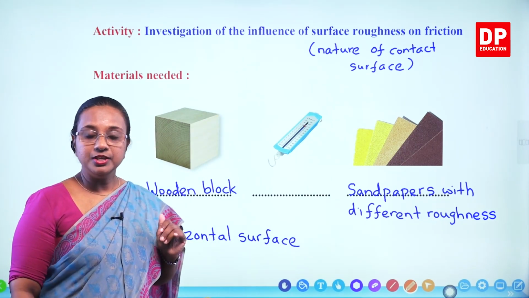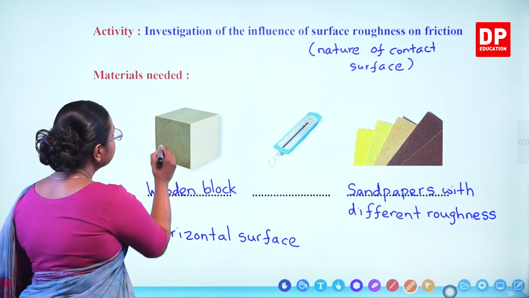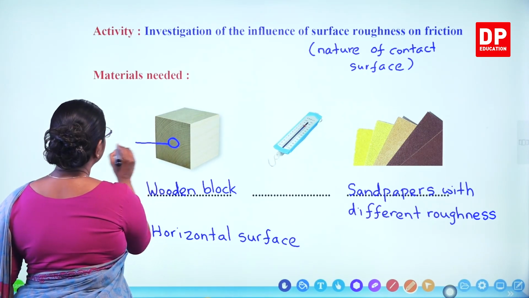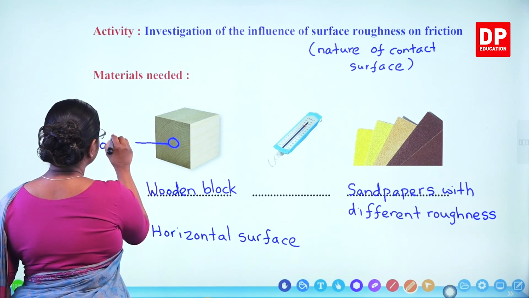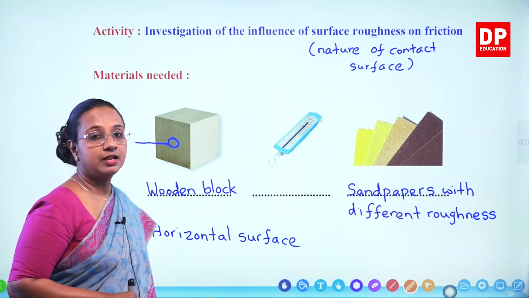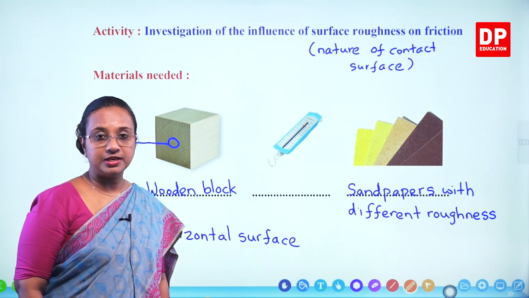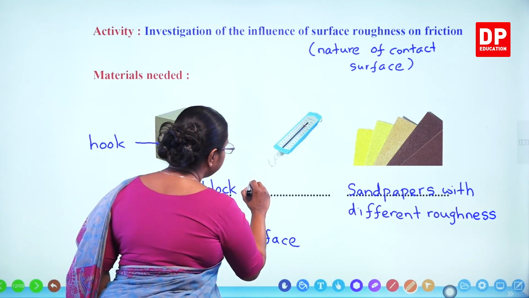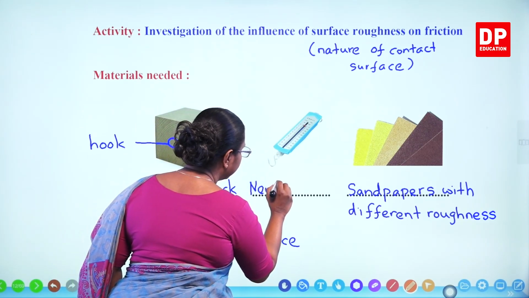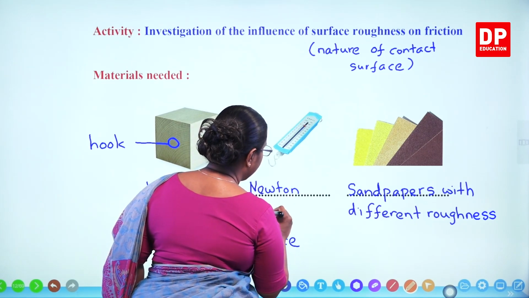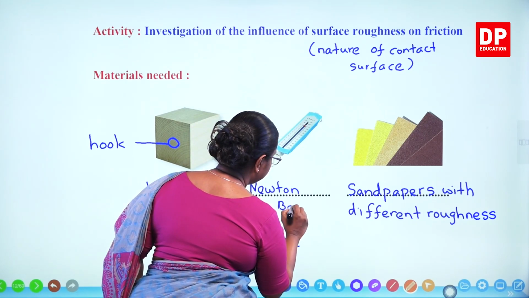And what are we going to do? We will fix a hook to this wooden block so that we can connect the Newton balance. And the Newton balance is to read the force that is applied. Newton balance.